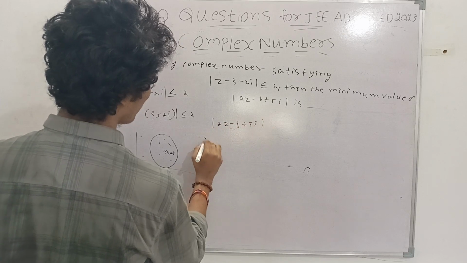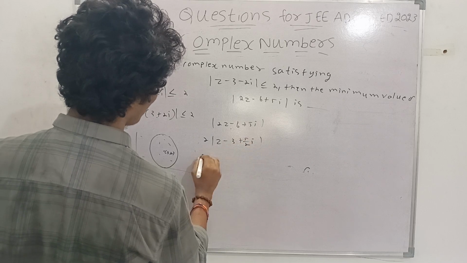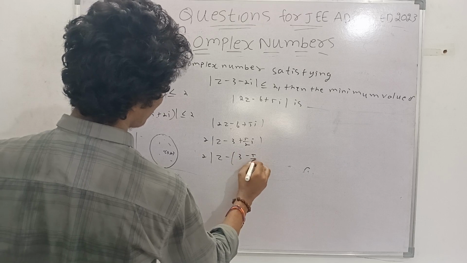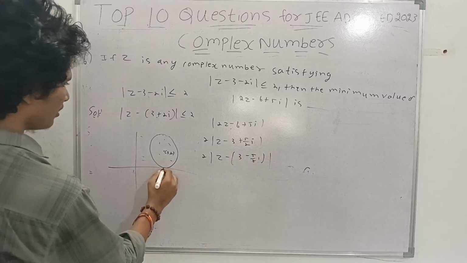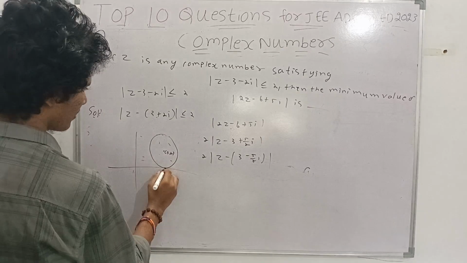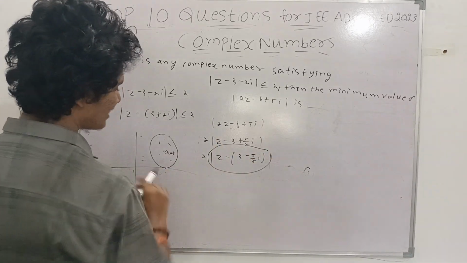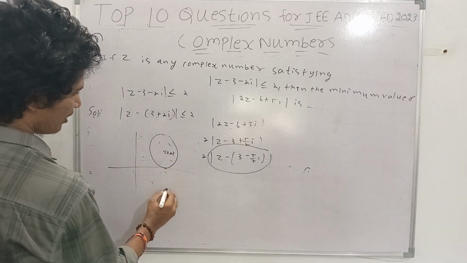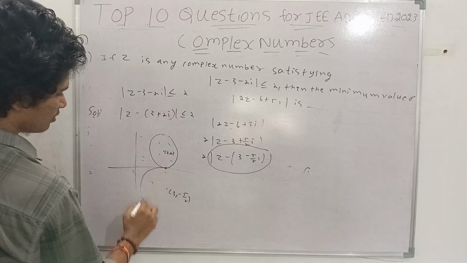If I take 2 common here, z minus 3 plus 5 by 2i, and if I take minus common, it will be 3 minus 5 by 2i. So it is also another circle, but it is 2 times that thing, with 3 and 5 by 2, that is 3 comma minus 5 by 2. So this is another circle.